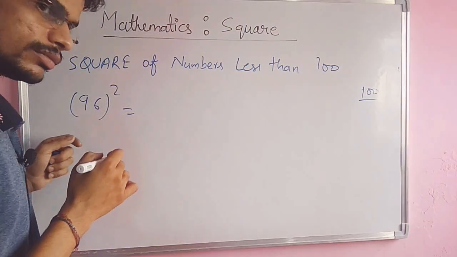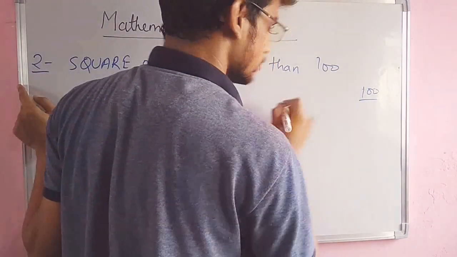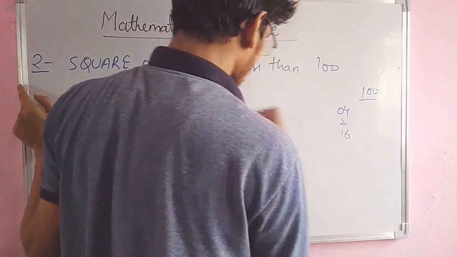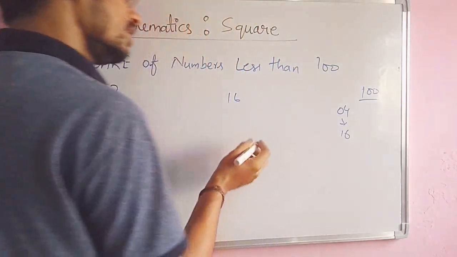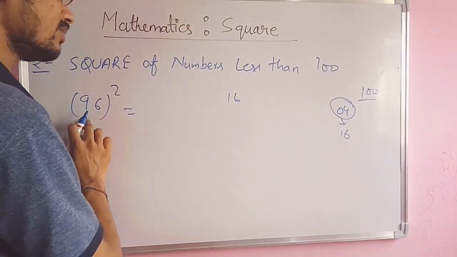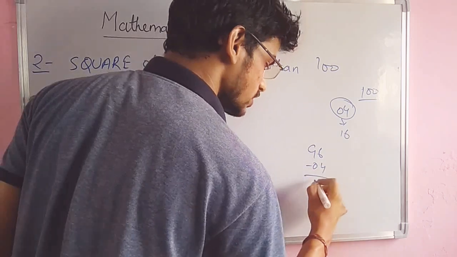Now how much less than 100 is it? That is 4. The square of 4 is 16. From the given value, the lesser value is subtracted, that is 96 minus 4, that is 92.